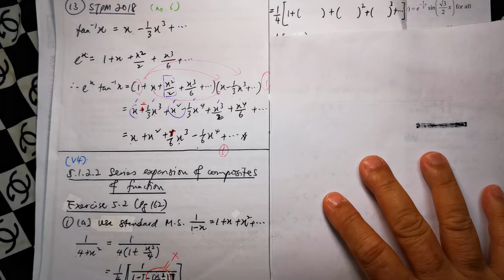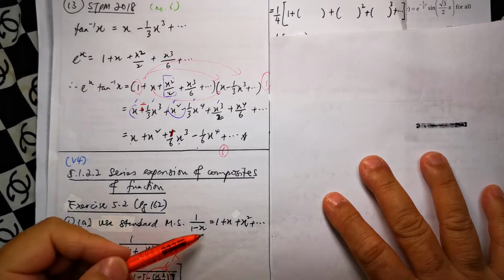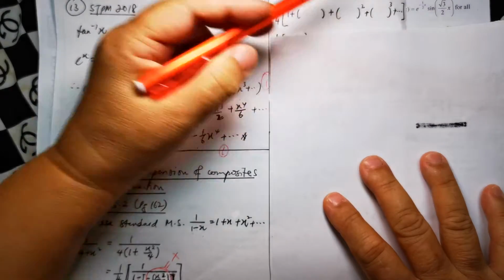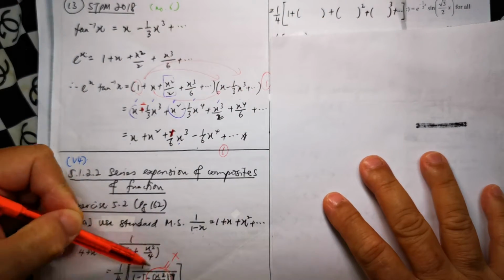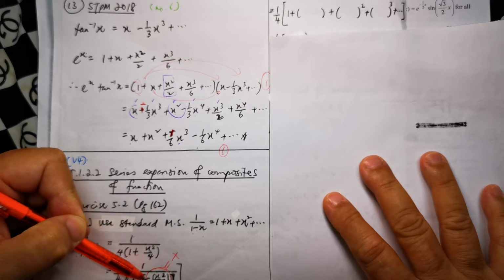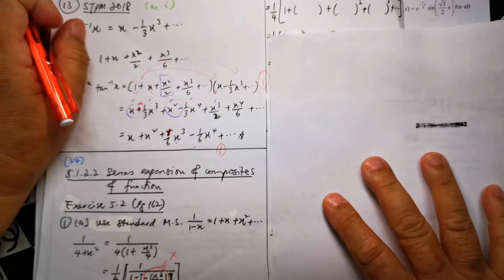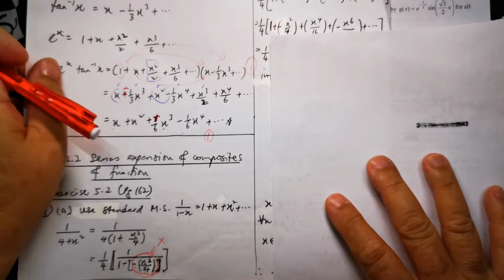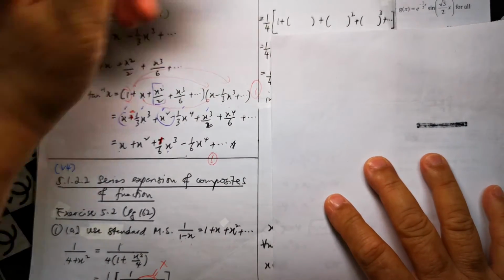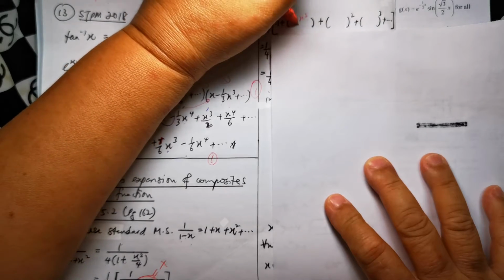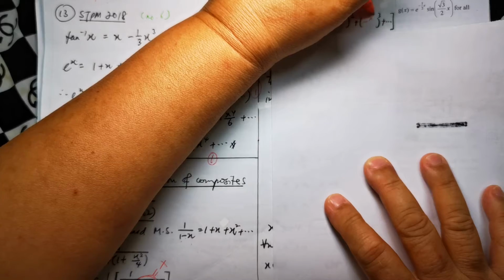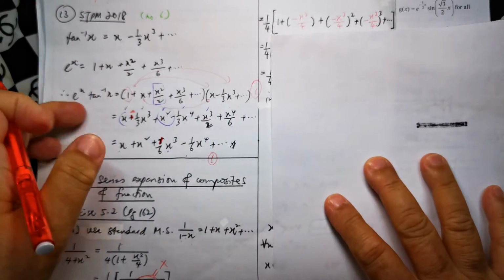This is the standard Maclaurin series for 1 over 1 minus x. Now, all the x, you are going to sub with this term, negative x squared over 4. So all the x become negative x squared over 4.